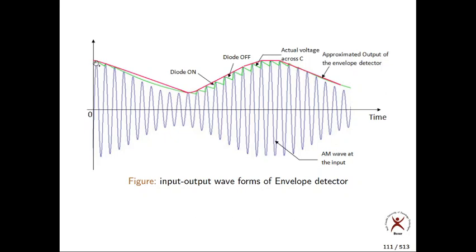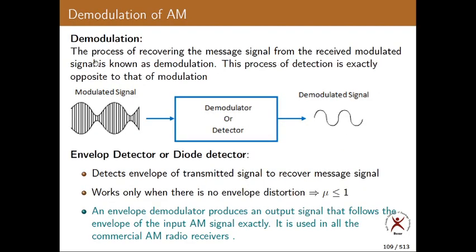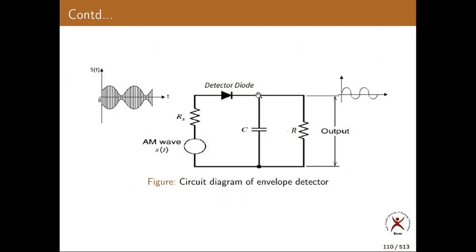After some time the voltage across the capacitor will be maximum, the peak voltage. Now what happens again: here the voltage will be minimum, while the voltage at this node will be more, because the capacitor has charged to the maximum value.